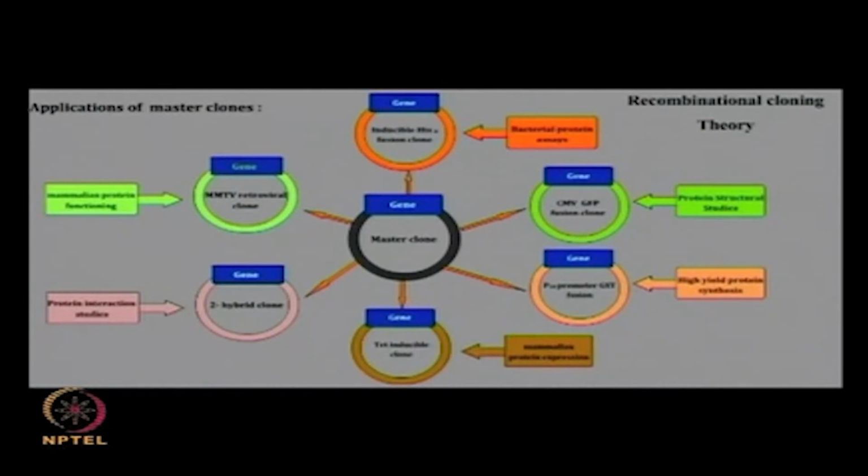Proteins can be efficiently expressed in bacterial, yeast and mammalian systems and used for a variety of applications such as structural and functional studies, protein interaction studies, protein assays, producing high yield of protein for experimentation, etc. The rapid recombination between clones that is possible with the Gateway system cannot be done using conventional cloning techniques, due to which this recombinational cloning protocol is now widely used.